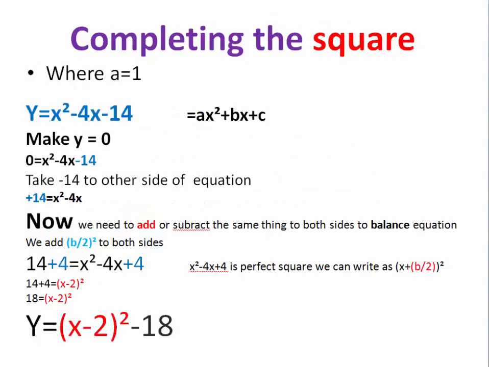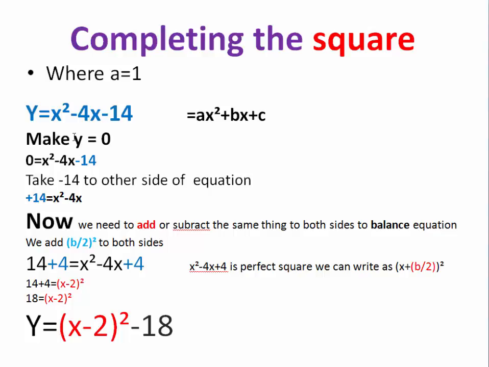So let's go through a system that we can follow when we're completing the square. This one is where a equals 1, so there's no number before the x squared. We're given this equation, y equals x squared minus 4x minus 14, in the standard form ax squared plus bx plus c.